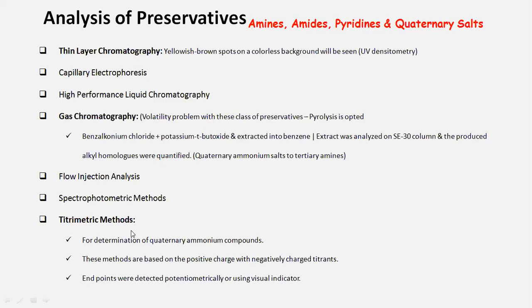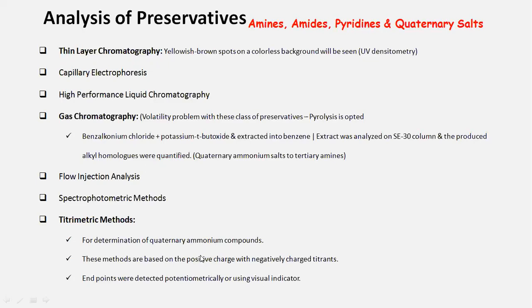Next, coming to titrimetric methods. For determination of quaternary ammonium compounds, titrimetric methods are majorly used, as we are discussing here about amines, amides, pyridines, and quaternary salts. Majorly, we will use acid-base titrations like charge-relevant titrations. For determination of quaternary ammonium compounds, titrimetric analysis is commonly used. These methods are based on the positive charge. As we are discussing quaternary ammonium, it will have positive charge.